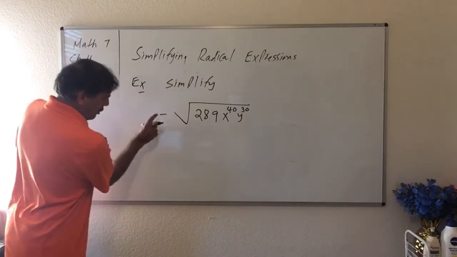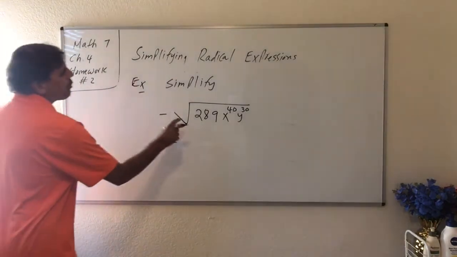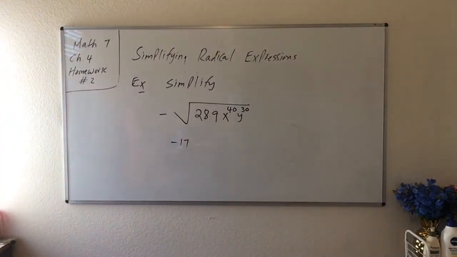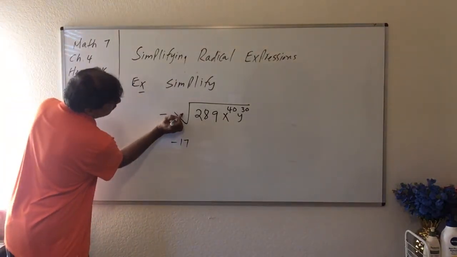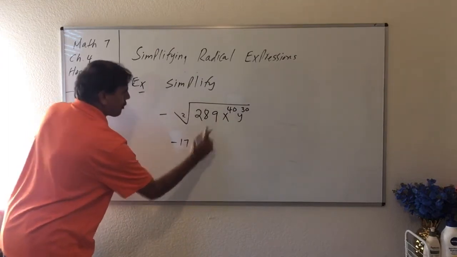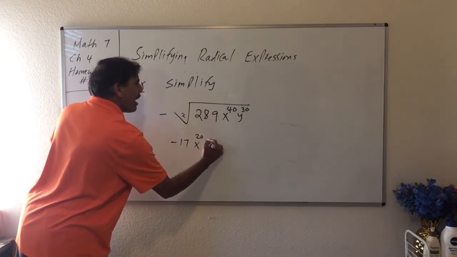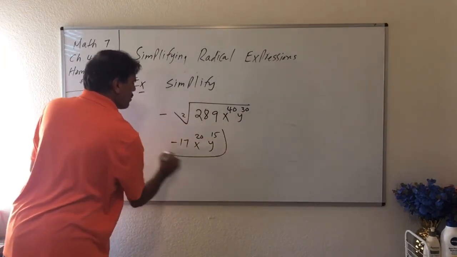Look, this negative is not going to go anywhere. Careful there. What is the square root of 289? It's 17, because 17 squared is 289. Again, the square root index is 2. Every time you see a power, you divide by the index. So 40 divided by 2 is 20, and 30 divided by 2 is 15. And that's the answer. And you're done.